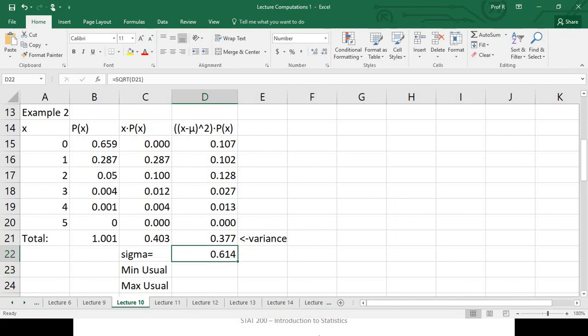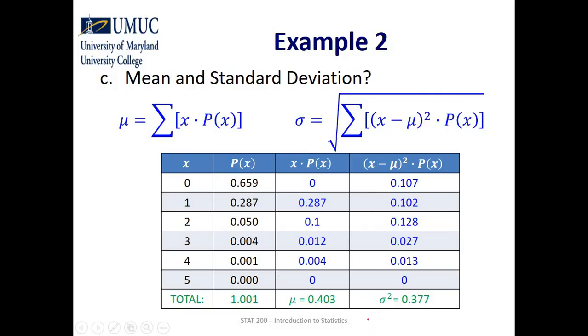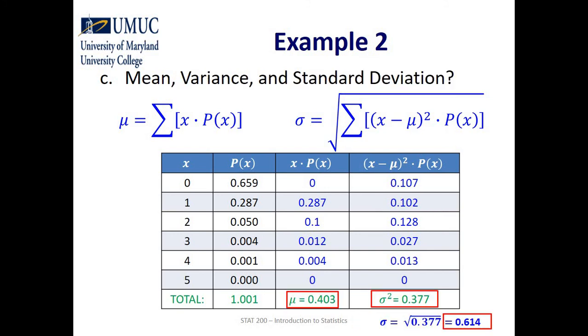It's right here. Sigma is equal to the square root of this, which is 0.614. So sigma equals square root of 0.377, which is equal to 0.614. So I'll let you take a quick second to get caught up on that.